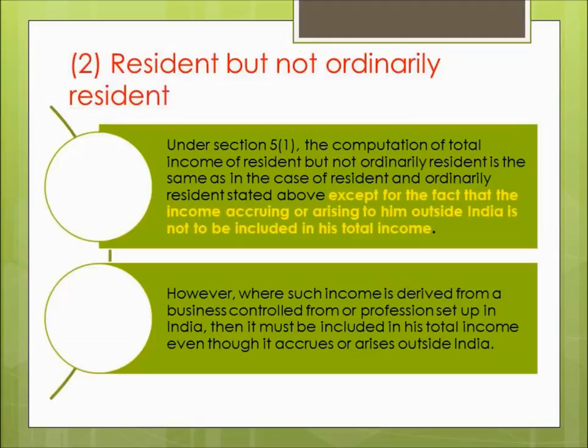So, as per Section 5(1), all the income which comes under the total income of a resident and ordinarily resident will also come under the total income of a resident but not ordinarily resident, except one income, and that is the income which accrues or arises to him outside India.